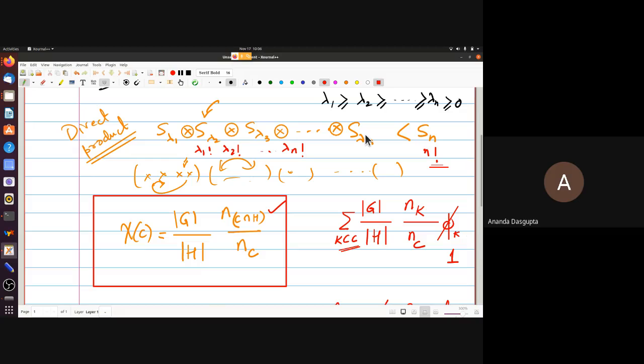We are talking about a permutation of n objects with alpha 1-cycles, beta 2-cycles, gamma 3-cycles, and so on, and you are claiming that that element is a member of this direct product group. How can that happen? That is, what possible structure would you want from the subgroups here?